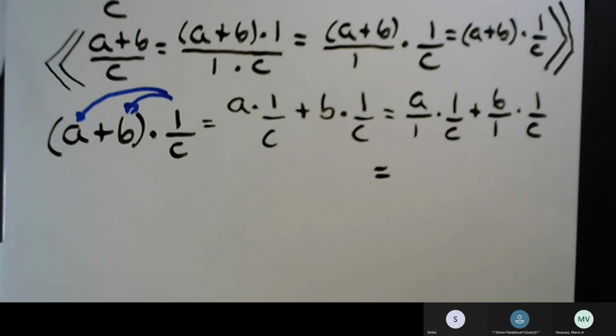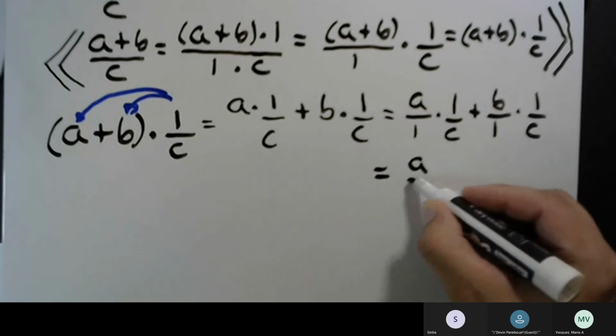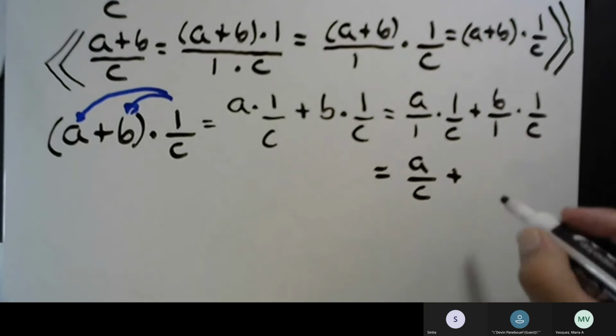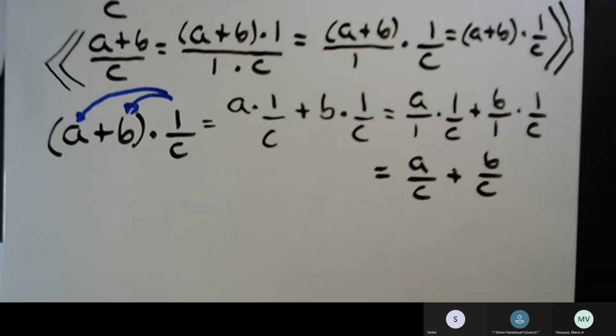And then if we multiply these two fractions together, we'll get A over C. Multiply these two fractions together, we get B over C.